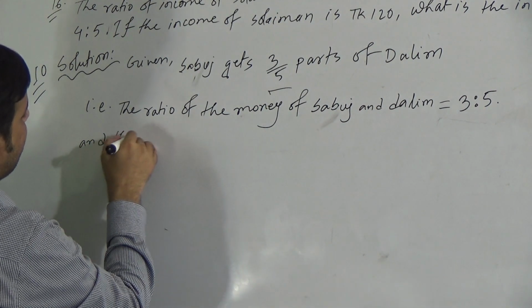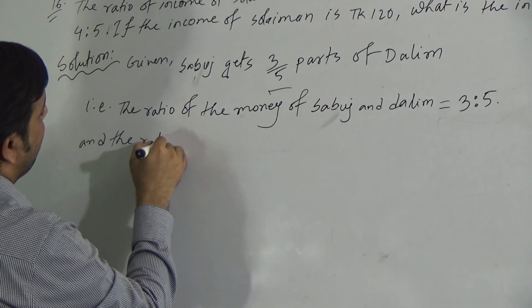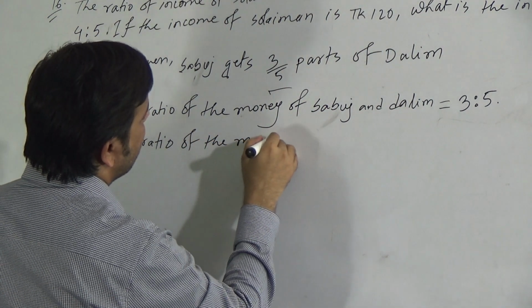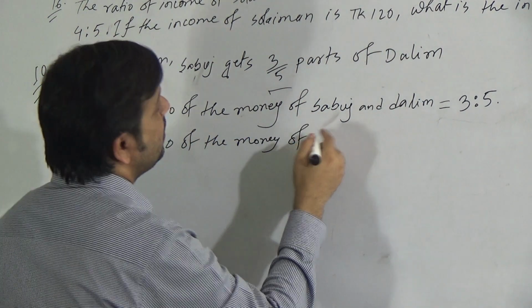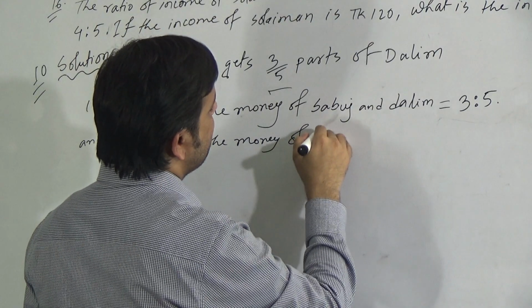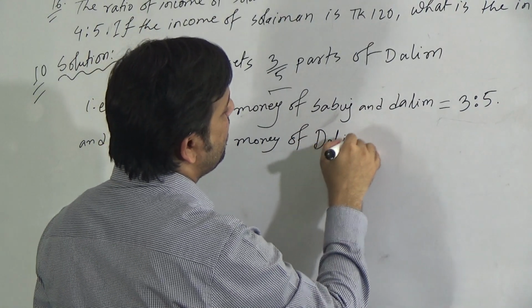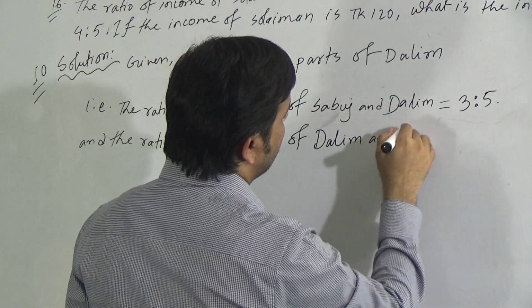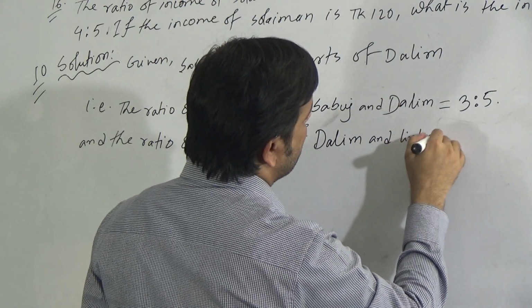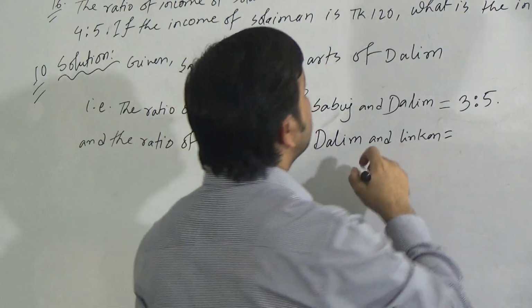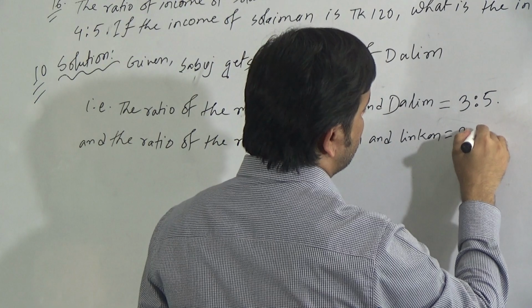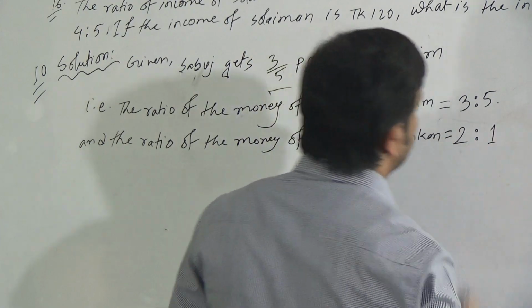So we can write the ratio of the money of Dalim and Lincoln. Dalim gets double of Lincoln, so if Dalim gets 2, then Lincoln will get 1.